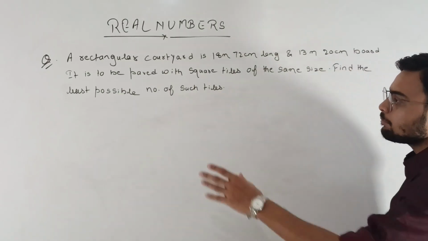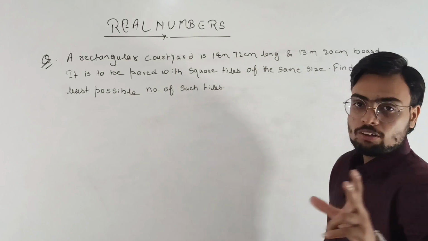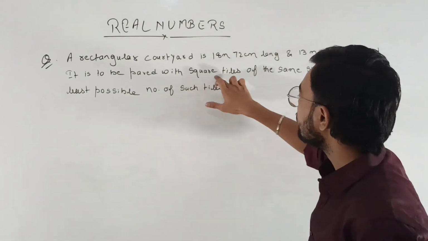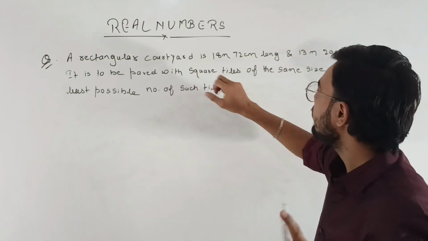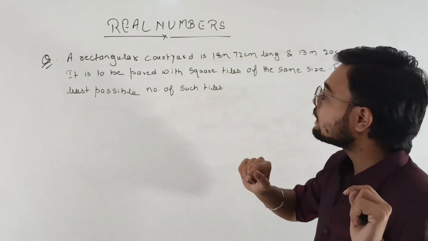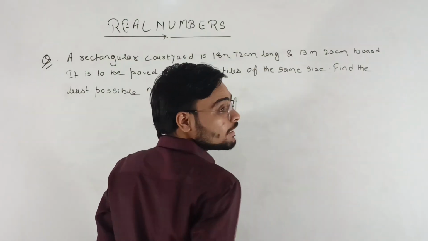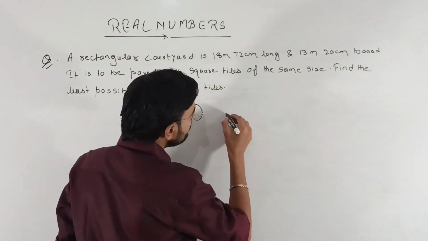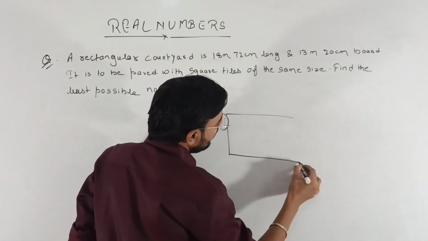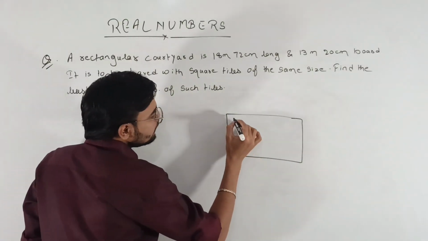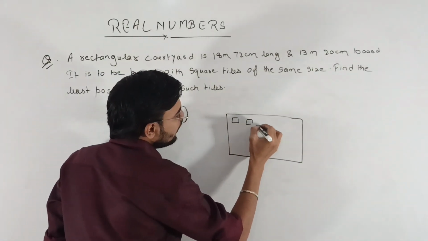Okay. For the number of tiles, first we have to find the area of a tile, and for the area of a tile we have to find the side of a square, and for the side of the square we have to take the HCF, the HCF of length and breadth. Why do we take HCF? Look, this is your rectangular courtyard, and it is paved by square tiles, something like that.